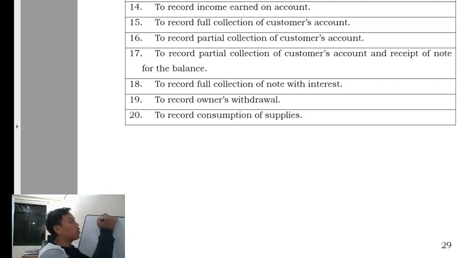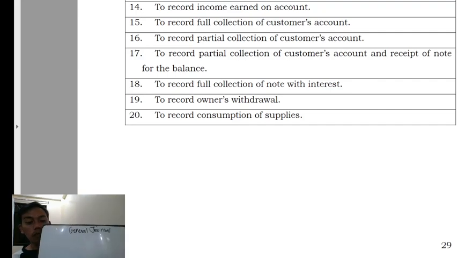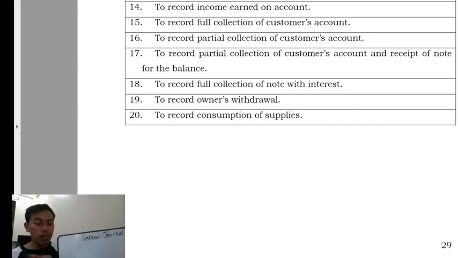So, for example, andyan yung general journal natin. General Journal. Dapat naka-center siya. Tapos, date.